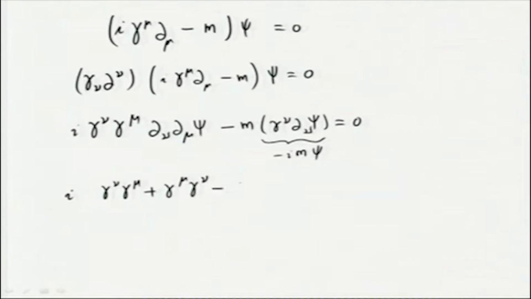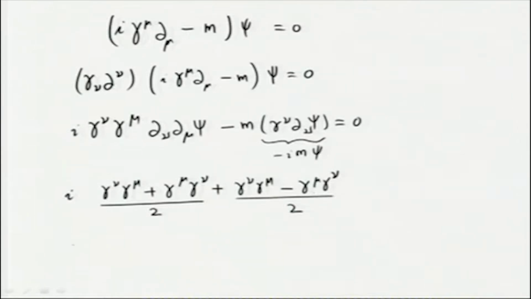So, I have to subtract the same thing, but then what I will do is take half of this and take half of γ^μ γ^ν along with minus γ^μ γ^ν and half of this.